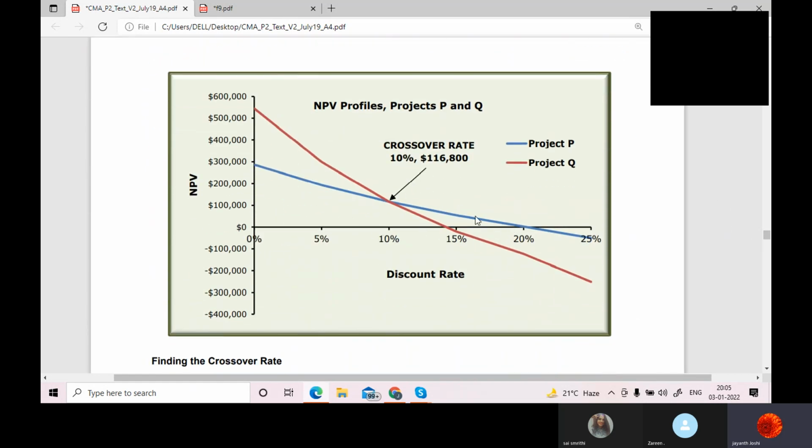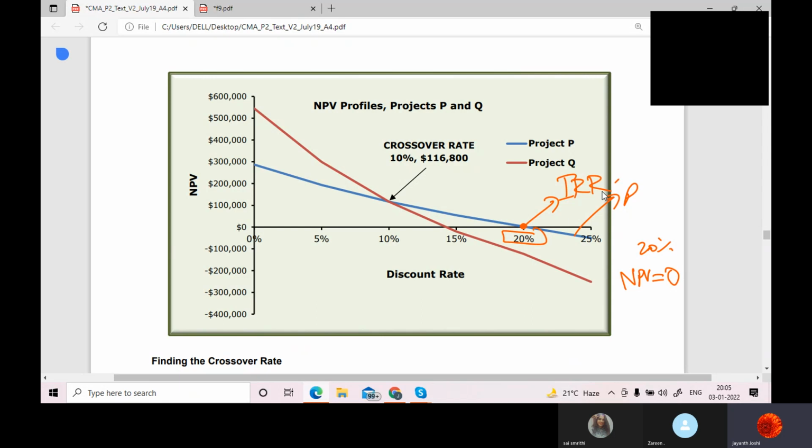This is project P, and it is exactly crossing at this point. This is the rate, 20%, at which your project's NPV is exactly equal to 0.